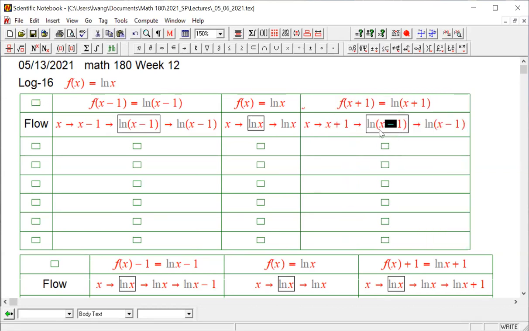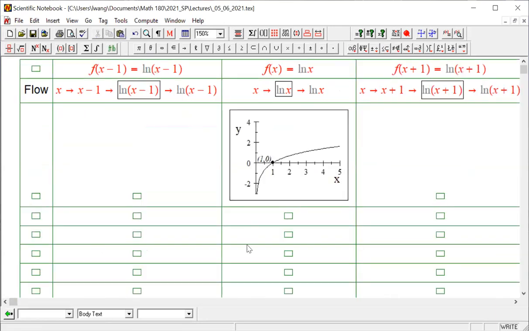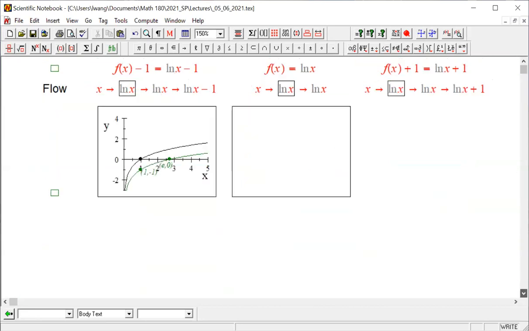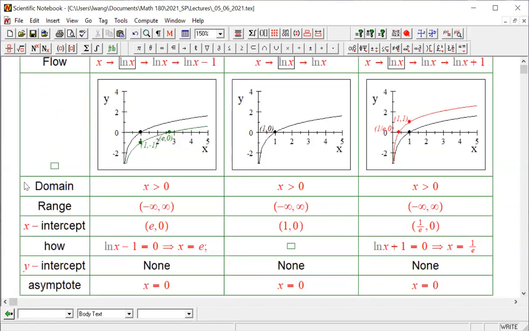I mean, in a lot of these cases, of course, the range might be the same, but domain is definitely affected. So now you're going to fill in the blanks again, right here, right now.